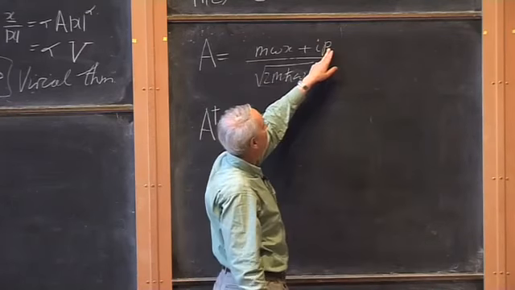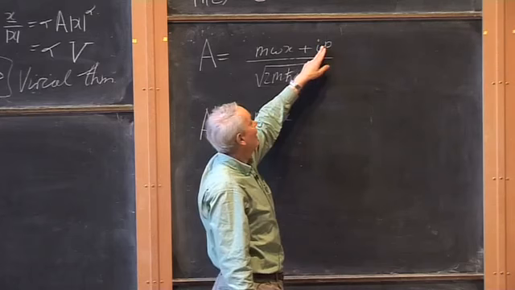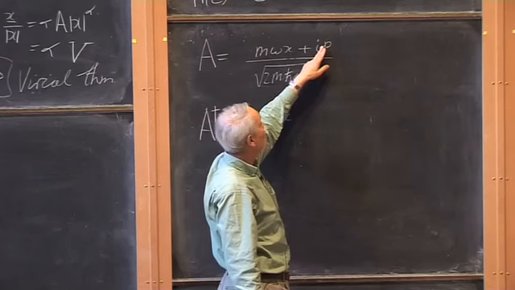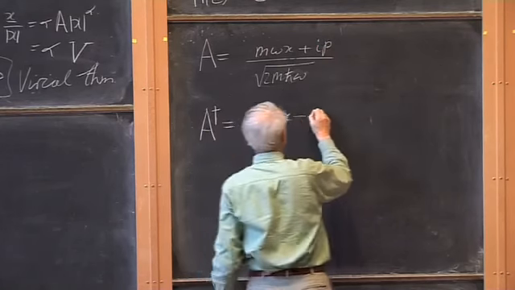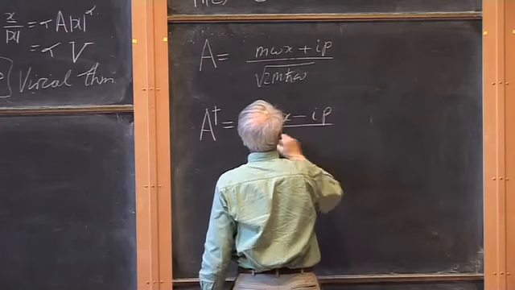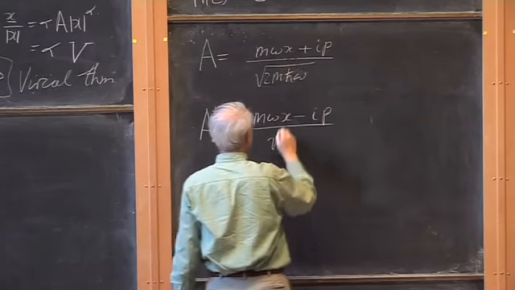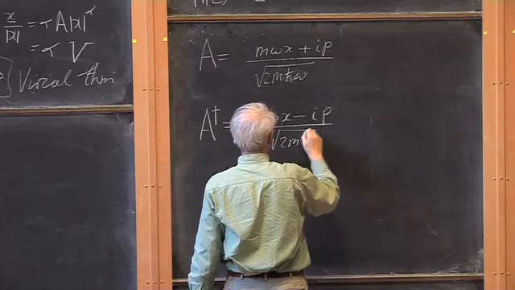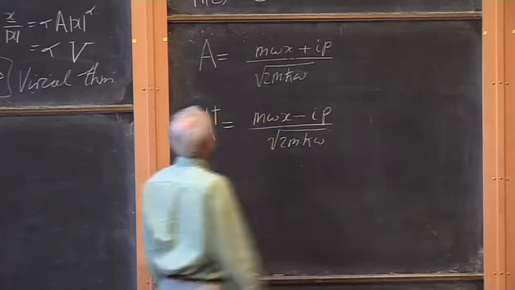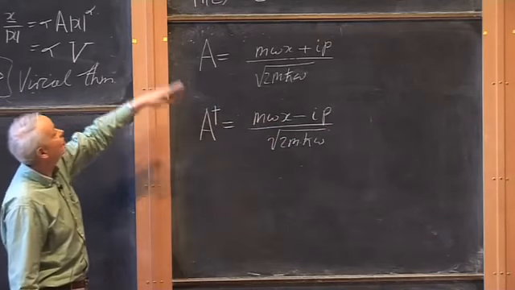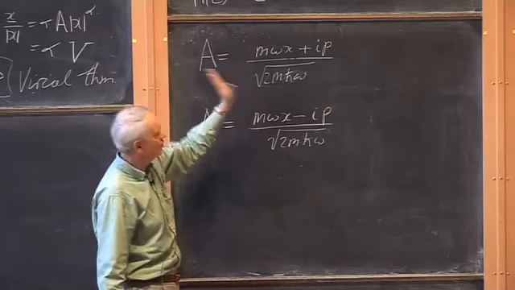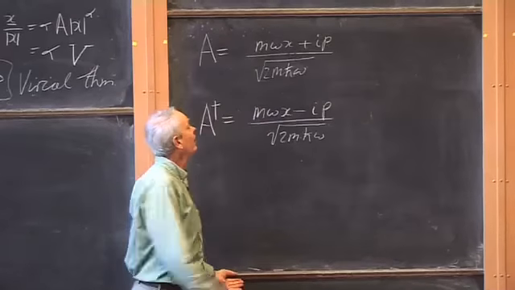P is its own dagger, but the Hermitian adjoint of i is minus i. So this is minus i p over, of course, this on the bottom is a real number, so it's its own complex conjugate. So here we have two operators, and the general idea is they're going to factorize H, or they almost do, whatever. That's the plan.